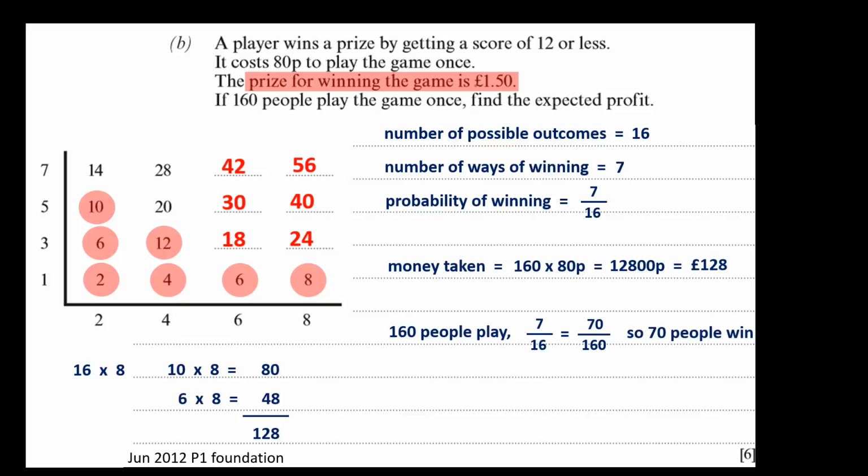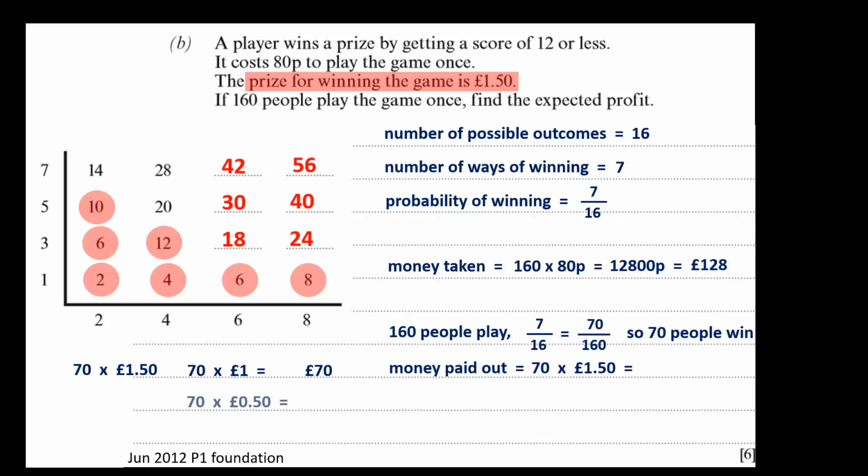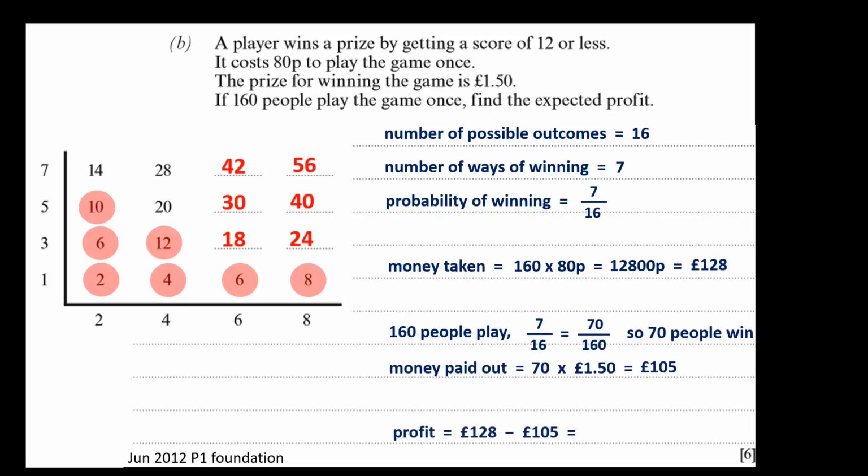Right, so we have to pay each one of those 70 people £1.50. So 70 times £1.50, well, 70 times a pound, £70. 70 times 50p, £35. Add them up, £105, and we can then work out our profit. 128 minus 105 is £23.